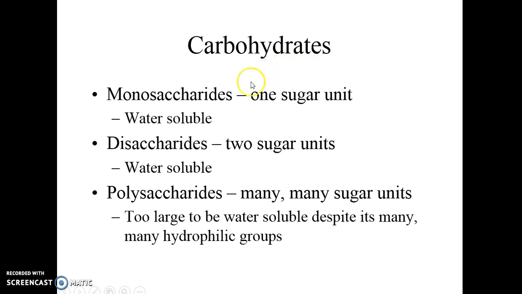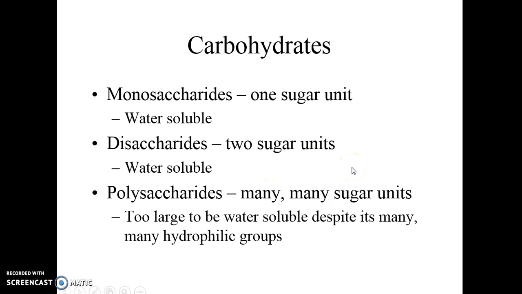Of the carbohydrates, there are monosaccharides, disaccharides, oligosaccharides, polysaccharides, and then complex carbohydrates that are complexed with other types of molecules. Monosaccharides are essentially just one sugar unit. Disaccharides are 2 sugar units condensed together, joined with the loss of water.